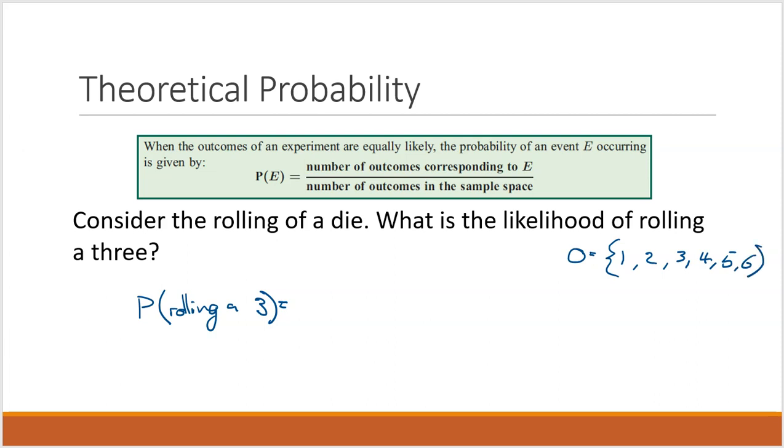So how many outcomes yield a 3? Well, it's only this one here. So 1 divided by number of outcomes in sample space. So how many members are in set O? N of O equals 6. So it should be 1 over 6.